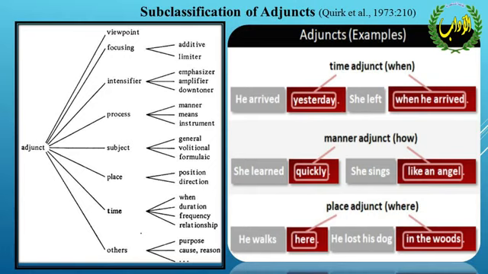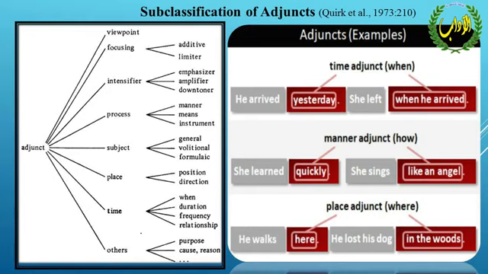Focusing can also be subclassified into additive and limiter; intensifiers, which can also be subcategorized into emphasizers, amplifiers, downtoners; process, as in manner, means, and instrument; subject, which can also be divided into general and volitional; formulaic; and place, which could also be subcategorized into position and direction; time, which can also be divided into when, duration, frequency, and relationship; others, which can also be subcategorized into purpose, clause, reason.